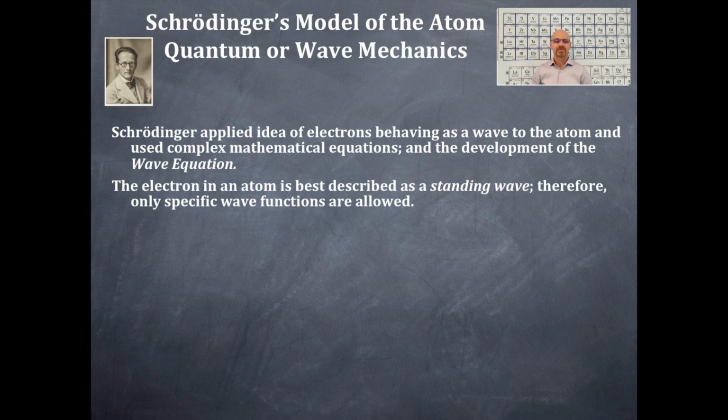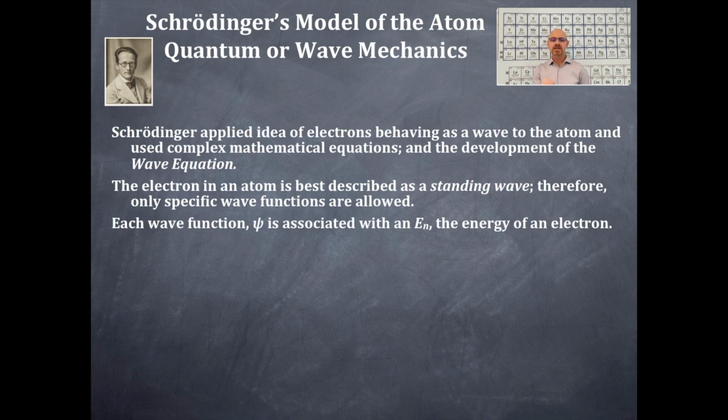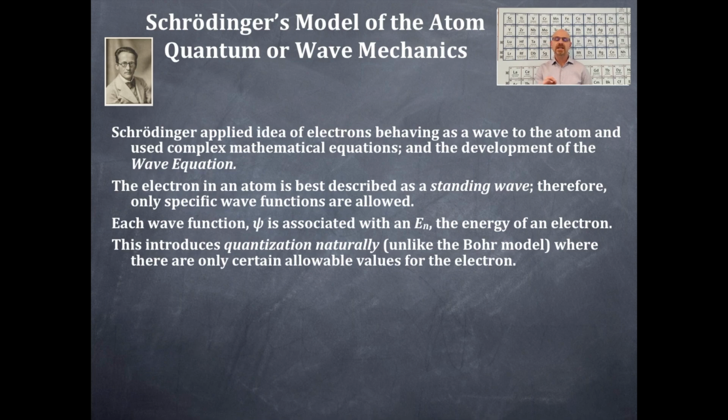Remember that. Each wave function, psi, is associated with an E sub n, that is the energy of the electron. This introduces quantization naturally, unlike the Bohr model, which did it unnaturally. In this model, there are only certain allowable values for the electron in its space.